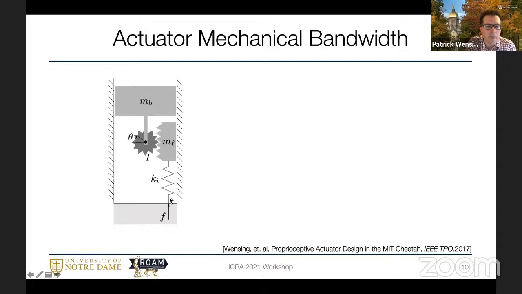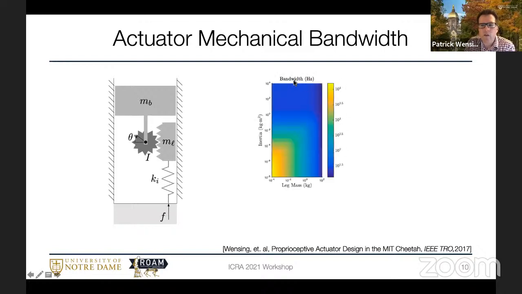Of course, there are some springs in here, so it's not an immediate mapping, but we can look at the transfer function from the torques at this motor to the forces at the ground. And if we do that, you can see that the bandwidth for the delivery of forces, intuitively, here I'm graphing leg mass on this axis, inertia on this axis. Yellow is higher bandwidth. So we maximize bandwidth by minimizing leg mass and inertia.